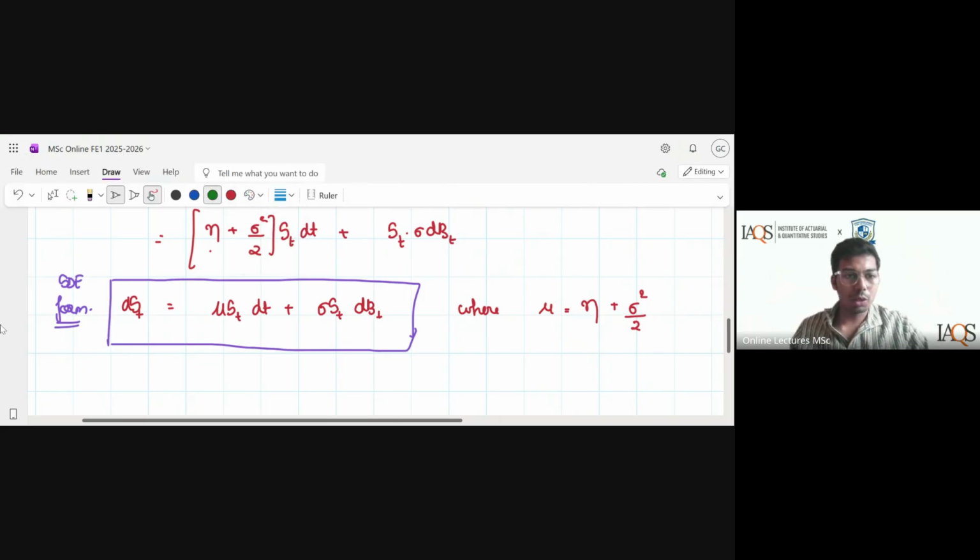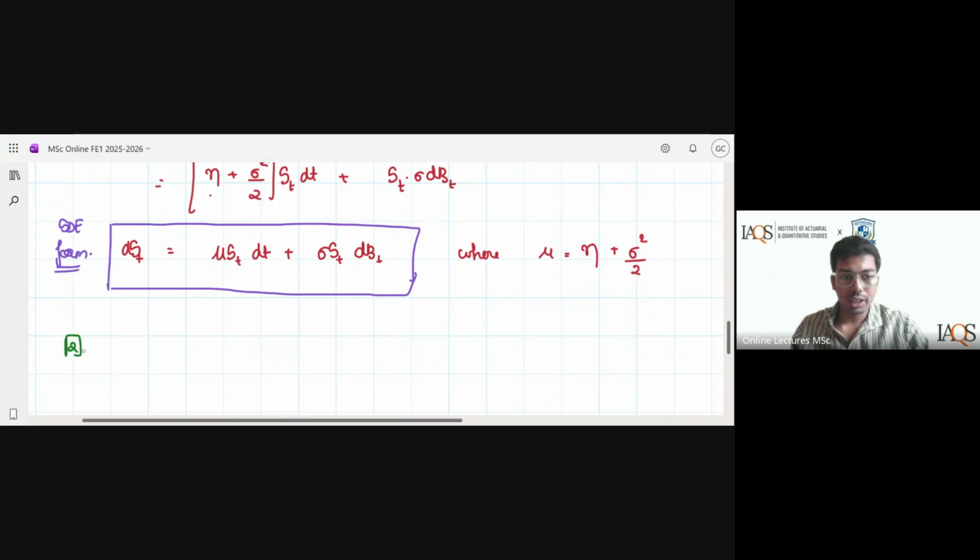The second objective was what? To get the integral and the distribution form. For this, I know I have to go from SDE to process.